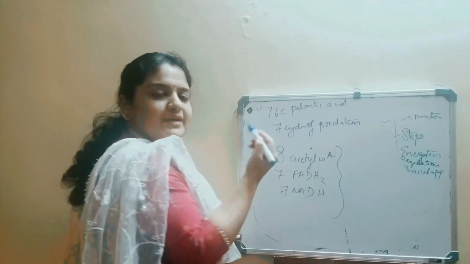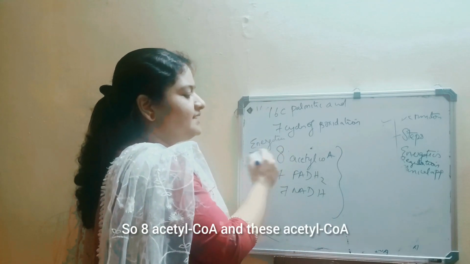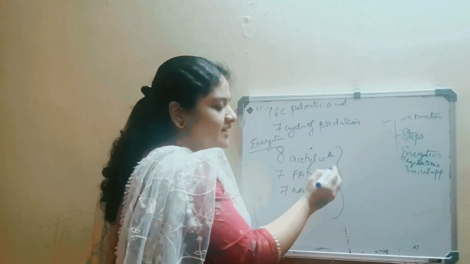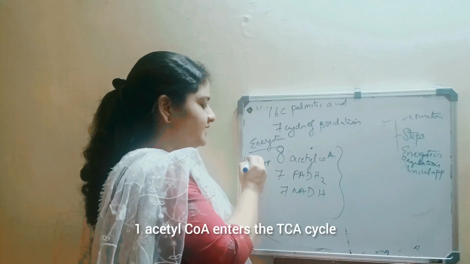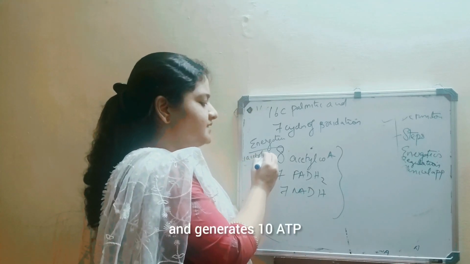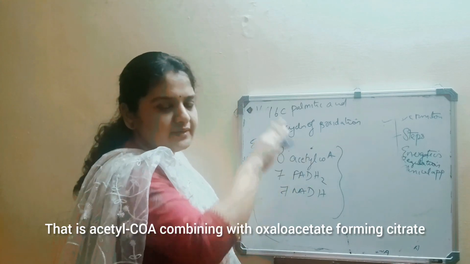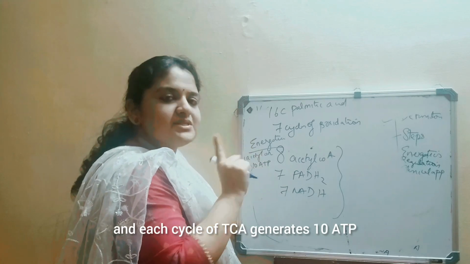So what will be the energetics? We have 8 acetyl CoA, and each acetyl CoA enters the TCA cycle and generates 10 ATP. That is acetyl CoA combining with oxaloacetate forming citrate, the cycle continues, and each cycle of TCA generates 10 ATP.